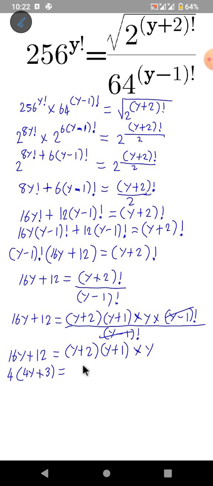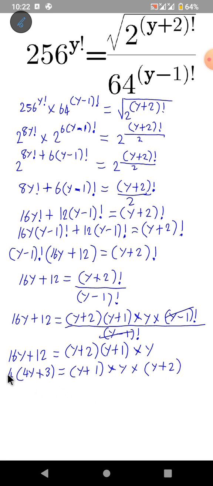I'll write y plus 1, first that's this y plus 1, multiplied by this y, then multiplied by y plus 2, close our bracket.